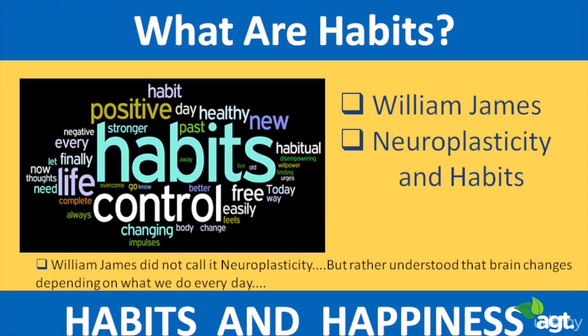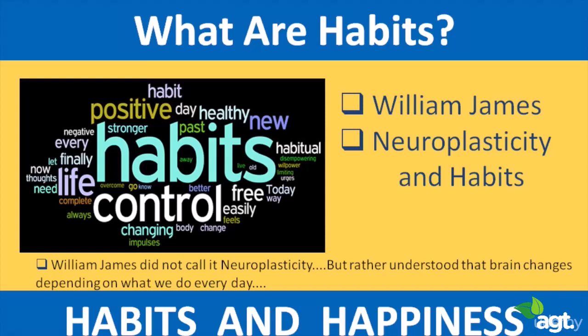Neuroplasticity is the science that basically proves that our brain changes every day. In the past, they were thinking it changes until we are maybe teenagers, 16, 18, 20. But now we know that our brain changes every single day until the day we die.